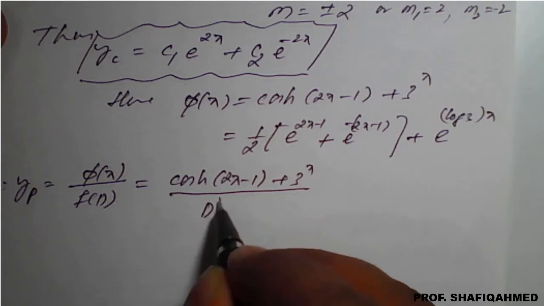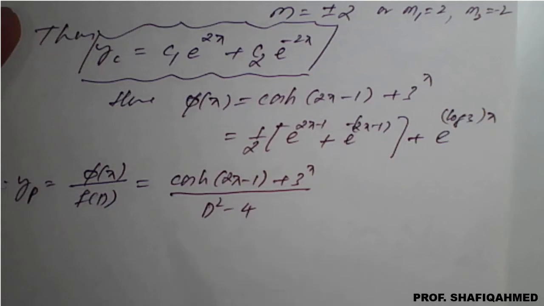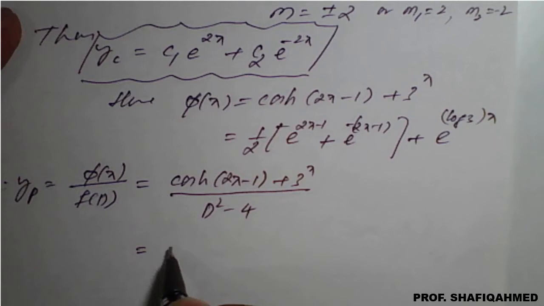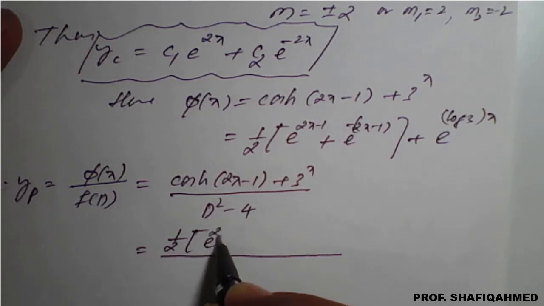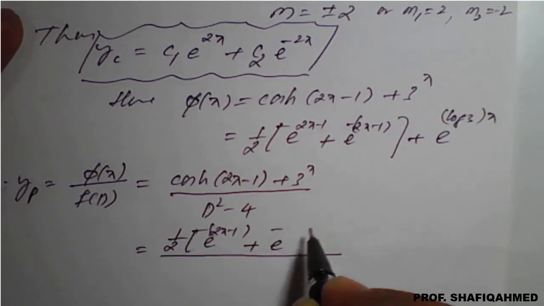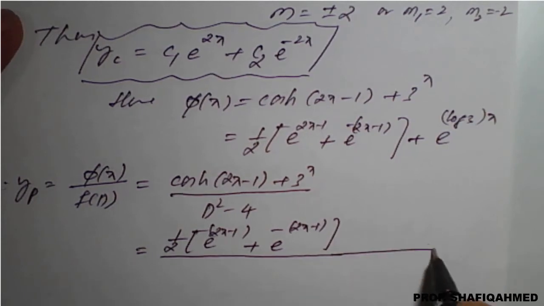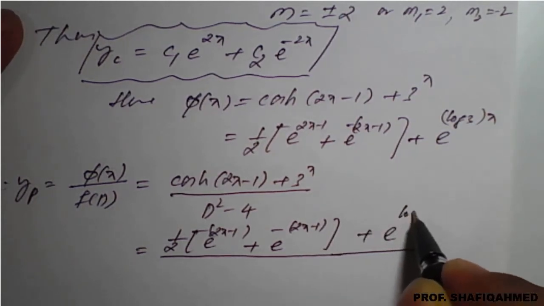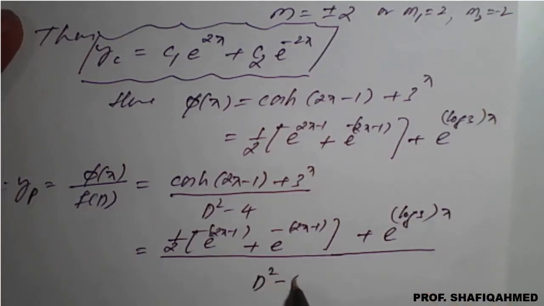But we have simplified the numerator, so we take that part here: 1 by 2 times e raised to 2x minus 1 plus e raised to minus (2x minus 1) plus e raised to log of 3 into x, whole divided by d square minus 4.